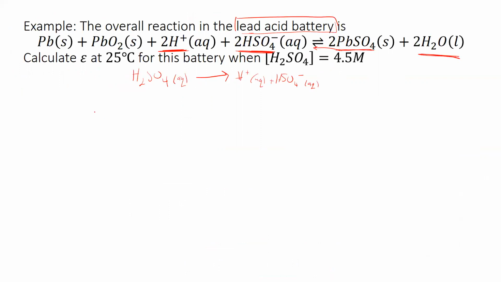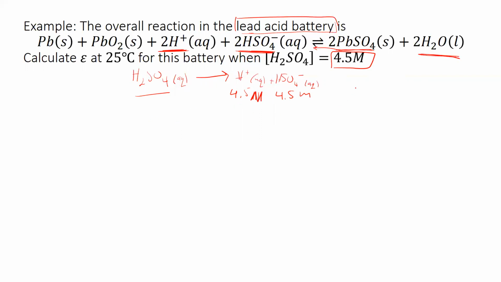So if you take a lead acid battery with a 4.5 molar concentration of the acid, what this means is if you have 4.5 molar sulfuric acid, based on the fact that this essentially dissociates 100%, you can say that that's 4.5 molar and that's 4.5 molar, for both the hydronium ion and the hydrogen sulfate ion.